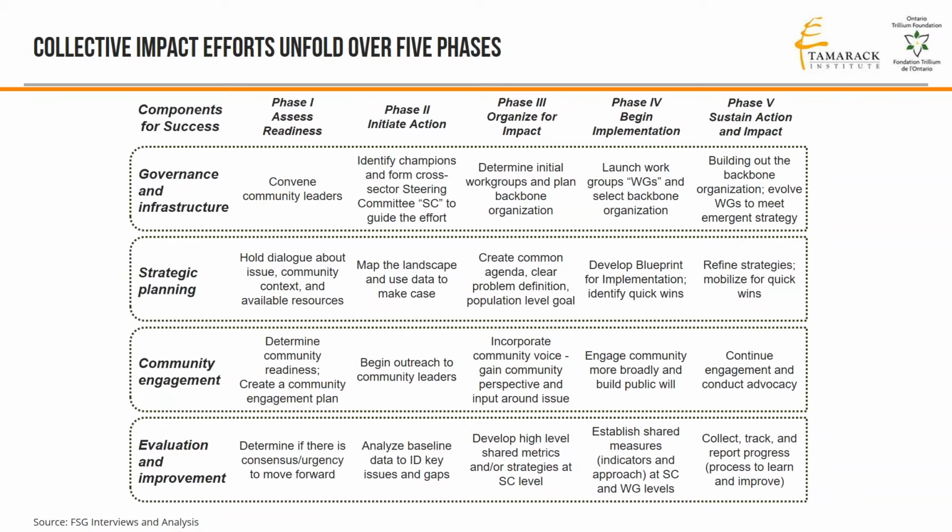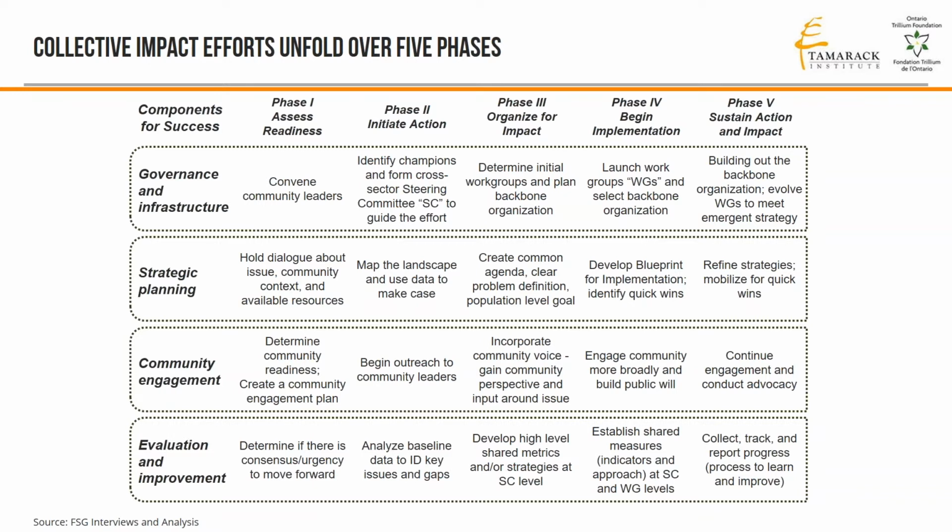That can mean that you're going to spend a little bit more time in phases 2 and 3 in terms of defining the issue, figuring out your strategic approach, and really working your way through that issue and engaging the community around that and identifying baseline data from which you're going to work. Phase 4 is beginning the implementation. So this is, you've got your plan in place, you've got good agreement in your plan, you've done some reinforcing loops where people have given you feedback, and then that's really the execution of the plan.